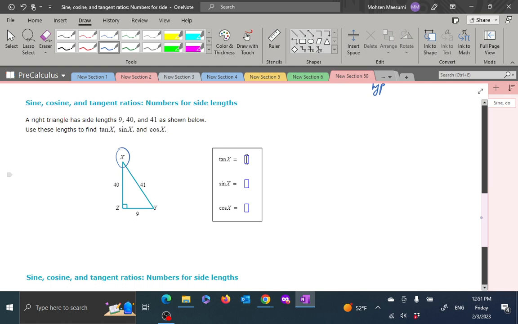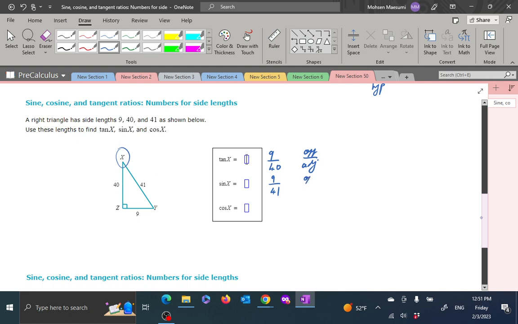And tangent of our angle x is the ratio of its opposite over its adjacent. Sine is the ratio of its opposite over hypotenuse. Cosine is the, so let's write this: tangent was opposite over adjacent. You essentially want to stop this recording, answer, and then come back and double check.